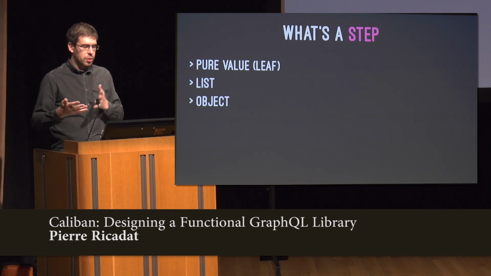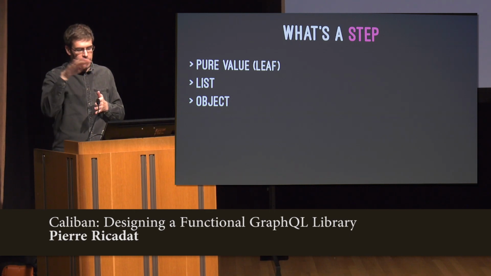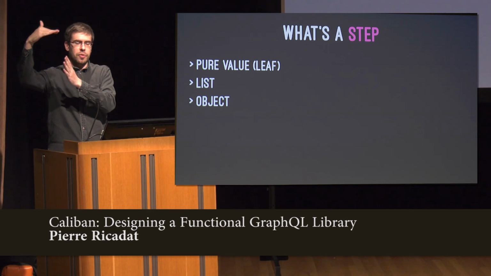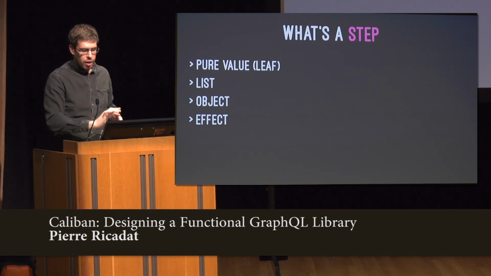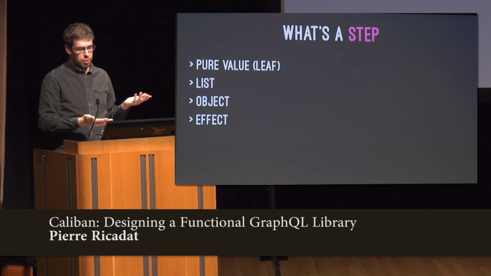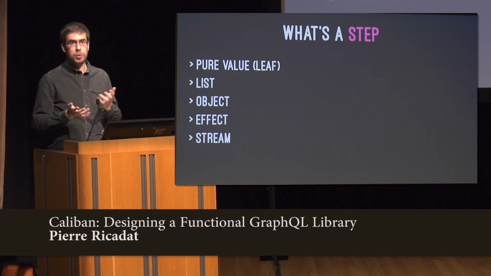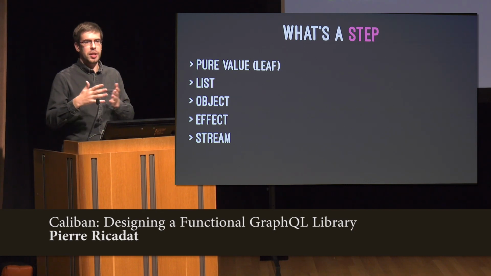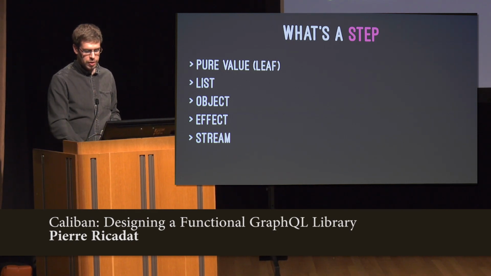It can be an object. An object is similar to a list, except each step has a name. And a list will always be a list of the same type, but an object can have multiple types. A Step can be an effect, so it will be basically a wrapper around the ZIO effect. And a Step can be a stream. It will be a wrapper around the ZIO stream. That way you can express a lot of different possible computations.